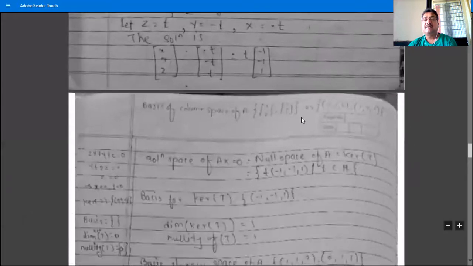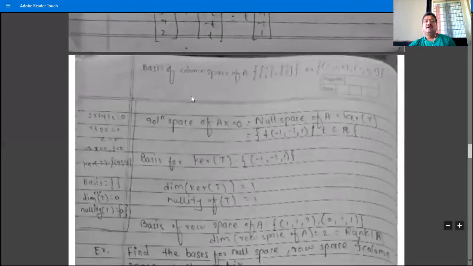Or we can write it horizontally, that is, (1, 1, 2) as a 3-tuple, and comma, (1, 0, 1). We can write either this or this.